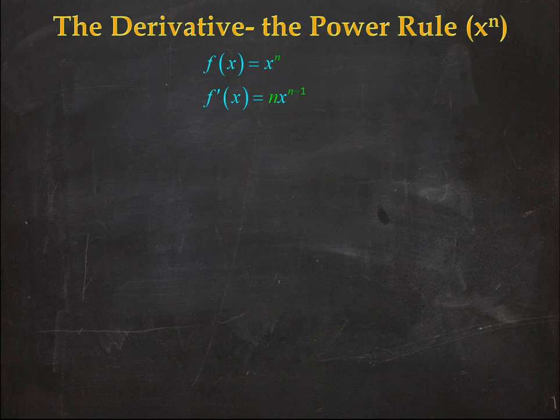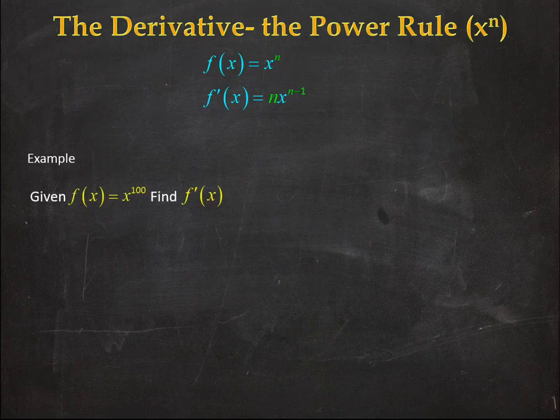So let's write this as a generic form. Given a function in the form of f of x equals x to the n, my derivative f prime of x is simply n times x to the n minus 1. And those we can do in our head. So let's look at a nice easy example.